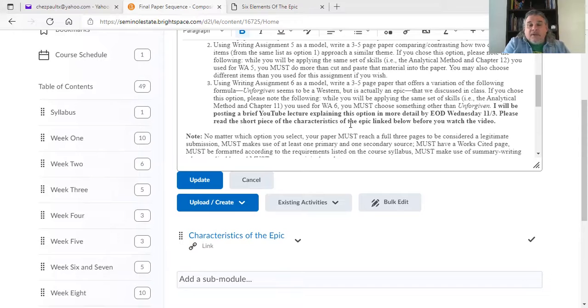But the formula is: Unforgiven seems to be a Western, but is actually an epic. In other words, whatever the thing you choose to classify or define, because that's what writing assignment 6 was all about. It's about writing a classification paper, which is a pretty common kind of writing situation in academic writing.